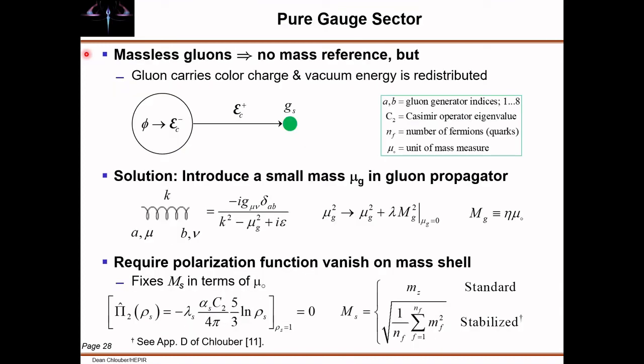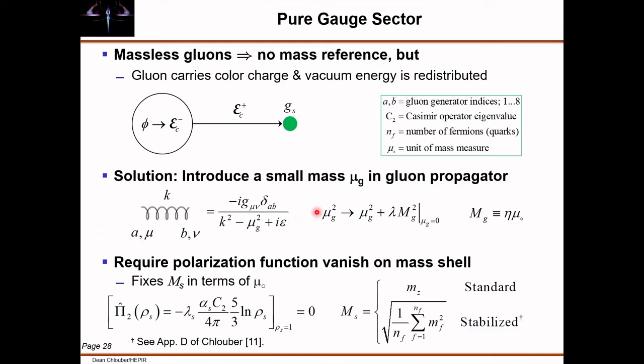Let's take a closer look at the pure gauge sector to understand how the reference mass arises in the stabilized theory. Since the gluons are massless, we have no obvious mass reference. But the gluon carries color charge, and vacuum energy is redistributed in our model. The solution here is to introduce a small mass, mu sub g, in the gluon propagator.